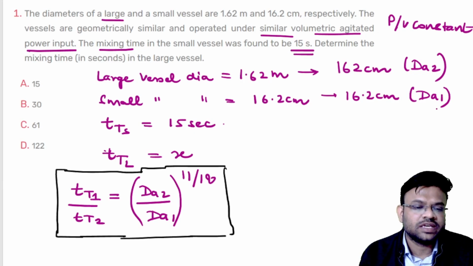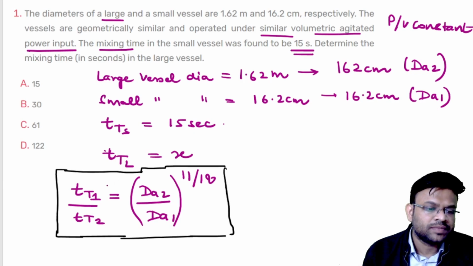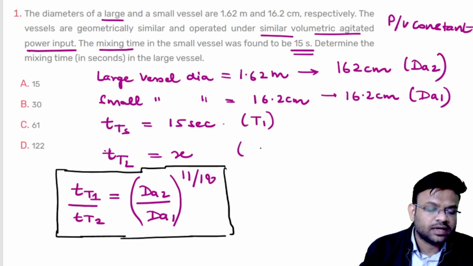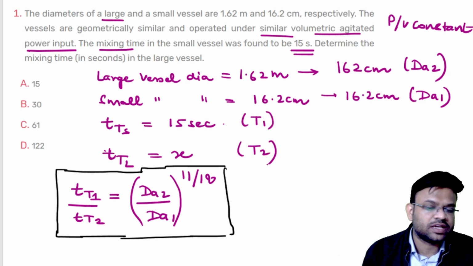This will make things easier for us. The smaller vessel time can be written as T1 and the larger vessel time can be written as T2.